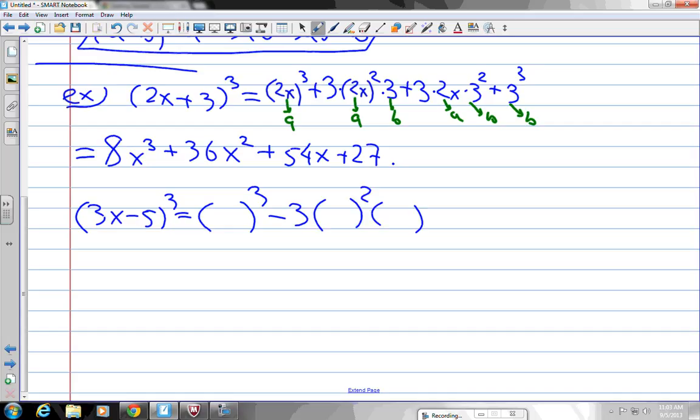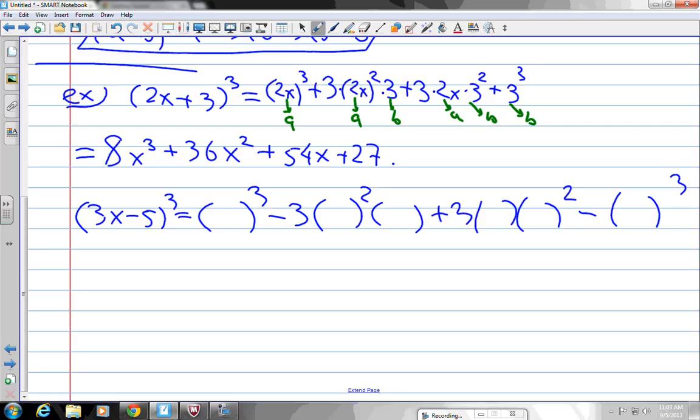They'll just put those little parentheses, minus here, and they'll just fill in the parentheses. Because this is the formula: a cubed minus 3a squared b plus 3ab squared minus b cubed.